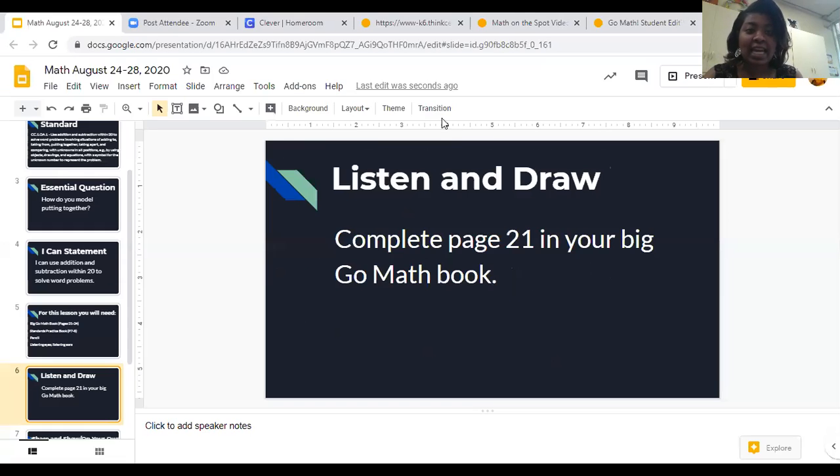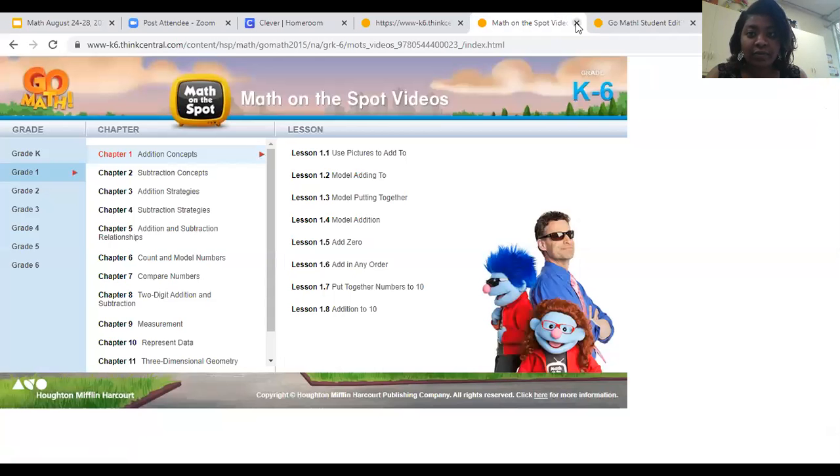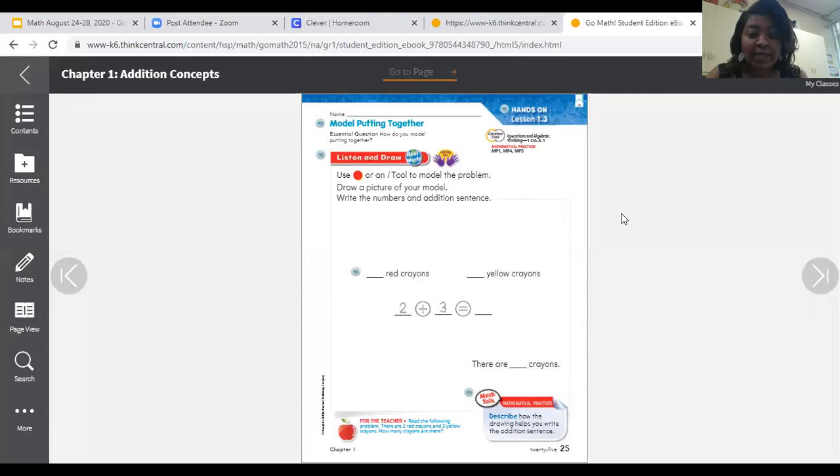All right, let's get started. Let's listen and draw. Here is my math page, and we are ready. You can use counters, toy cars, pencils, pennies, whatever it is to help you, or you can simply draw. There are 2 red crayons, and remember that word "and" means that we are going to add, and 3 yellow crayons.